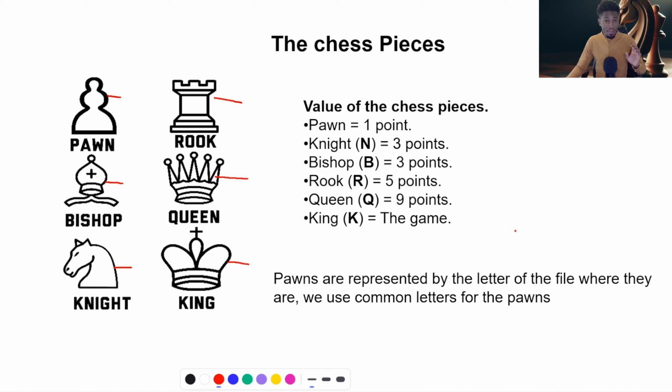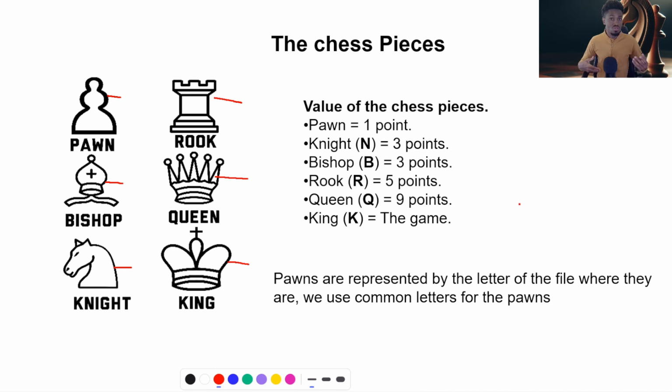Now the pawns. On the chessboard, each one of the pawns will be represented by the letter of the file where the pawn is. For example, if the pawn is on the A file, it will be represented by the lowercase letter A. If the pawn is on the B file, it will be represented by the lowercase letter B. If the pawn is on the C file, it will be represented by the lowercase letter C. The name of the pawn will just be that letter.